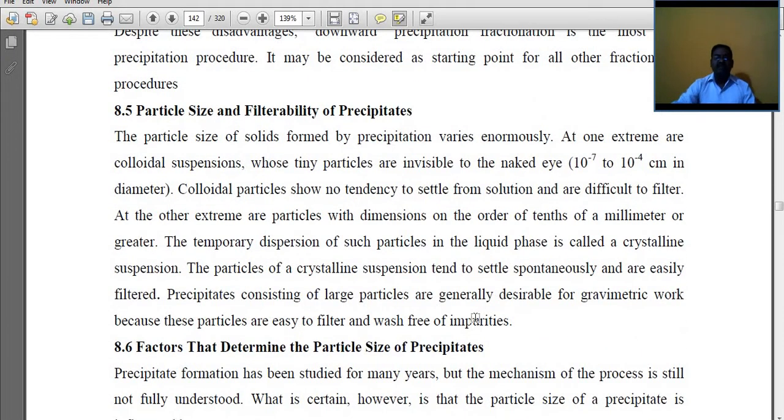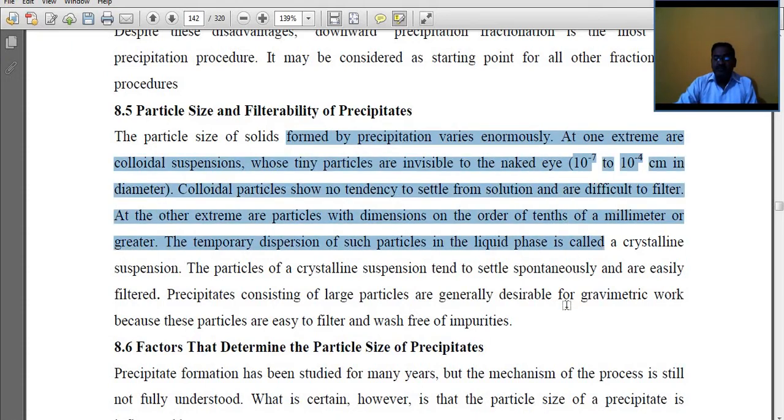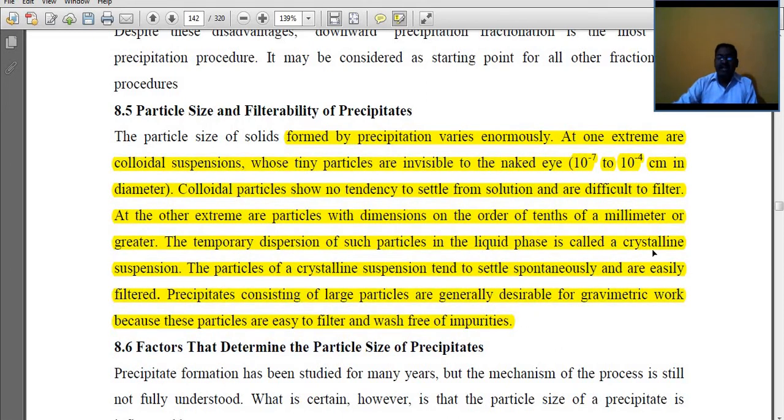The particle size and filterability of precipitates. The particle size is one of the important criteria in precipitates. The particle size of solids formed by precipitation varies enormously.